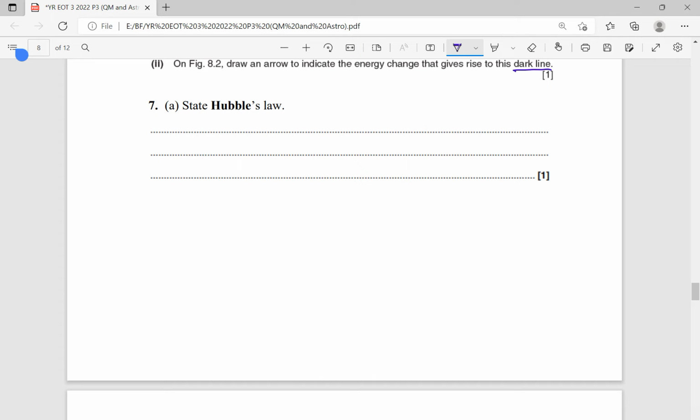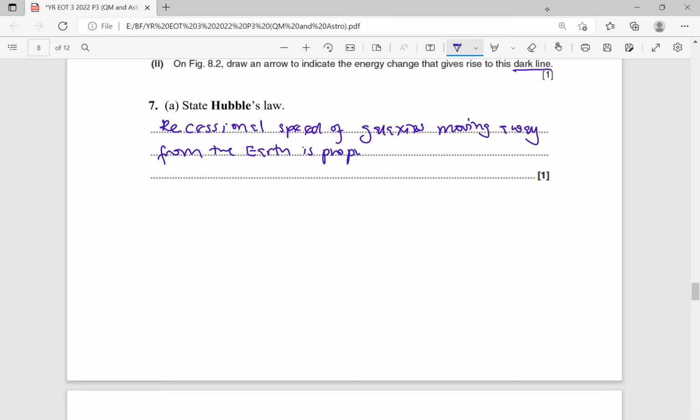We know Hubble's law: the recessional speed of galaxies moving away from the Earth is directly proportional to their distances from the Earth. So that is Hubble's law.